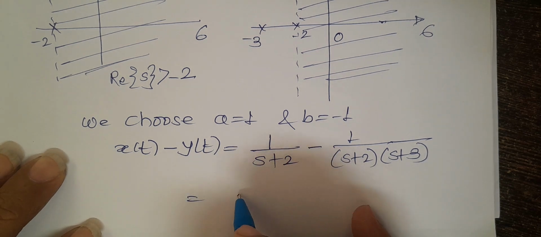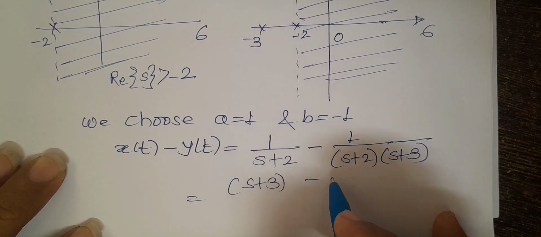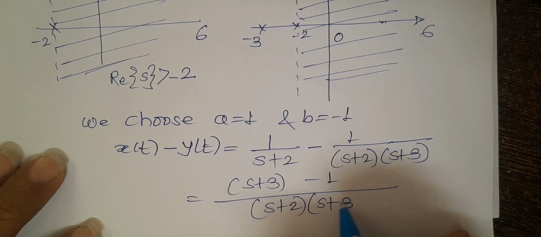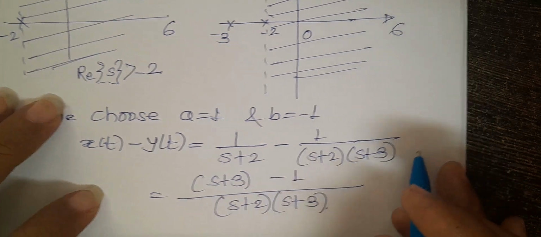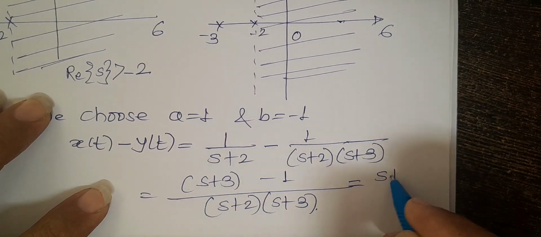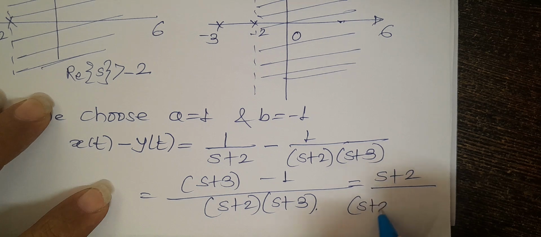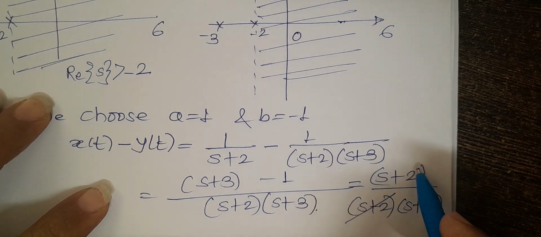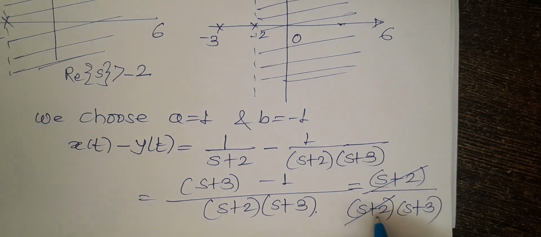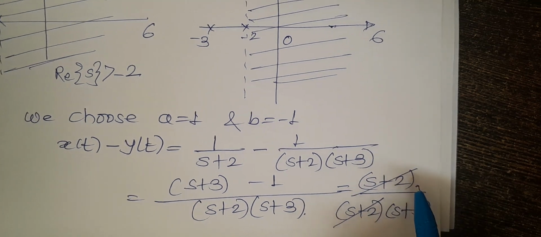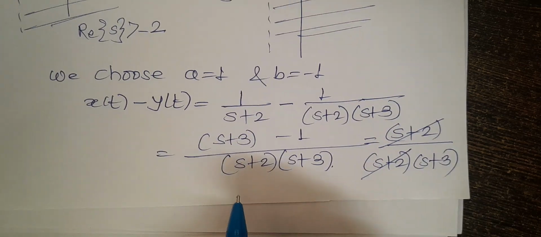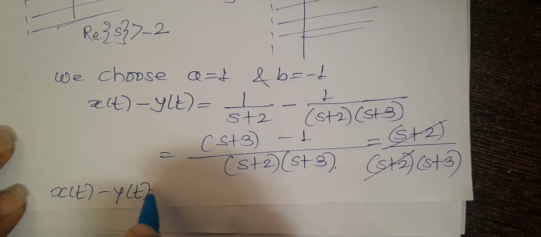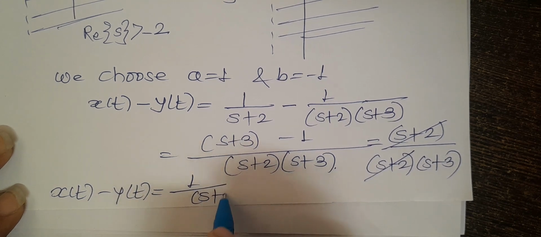I can also write this as s plus 3 minus 1, over s plus 2 times s plus 3, and this again I can write as s plus 2 over s plus 2 times s plus 3. Now here one pole and one zero get cancelled. One pole s plus 2 and one zero s plus 2 get cancelled, and therefore what remains is 1 over s plus 3.